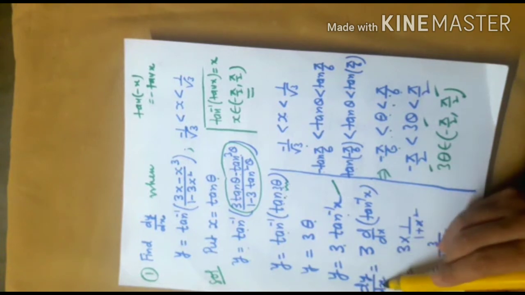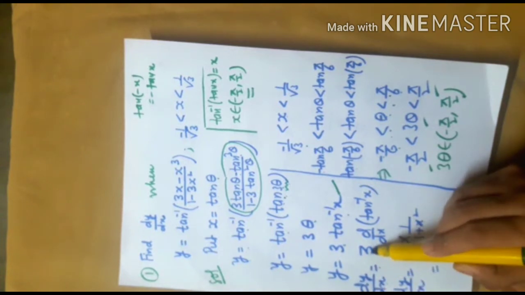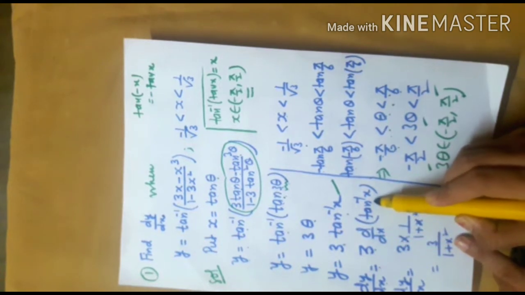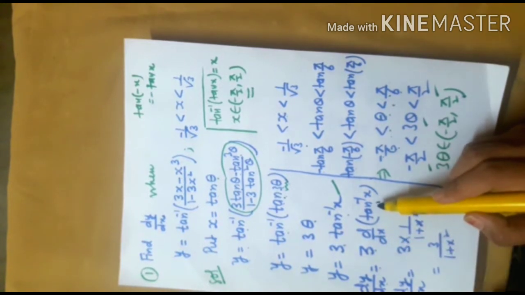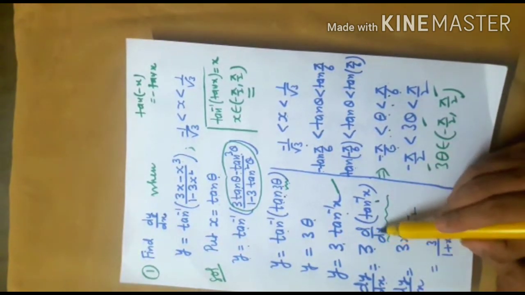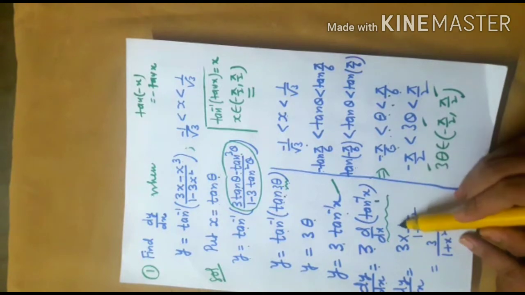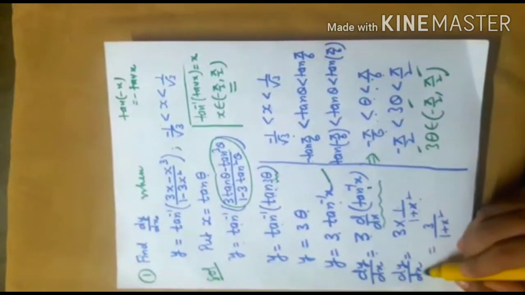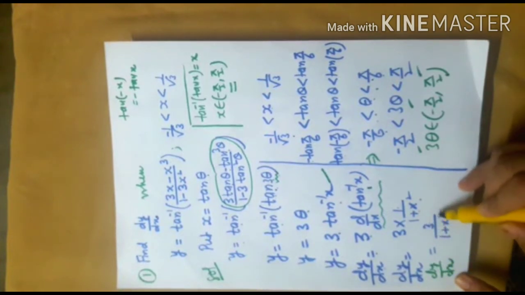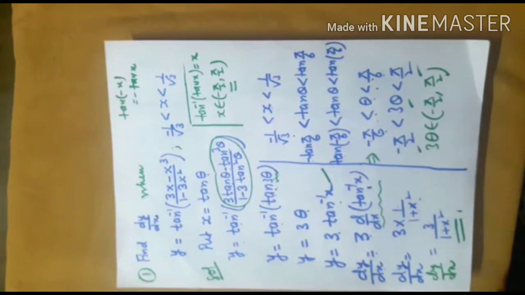I'll get dy by dx is equal to 3 into d by dx of tan inverse x. And yes, we learned that the derivative of tan inverse x is 1 over 1 plus x square. So, I get dy by dx is equal to 3 over 1 plus x square.